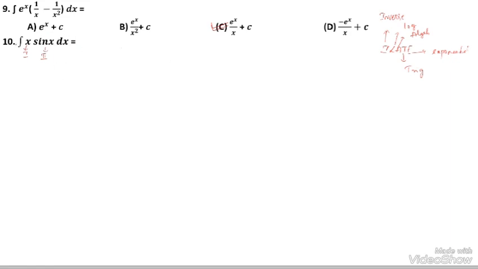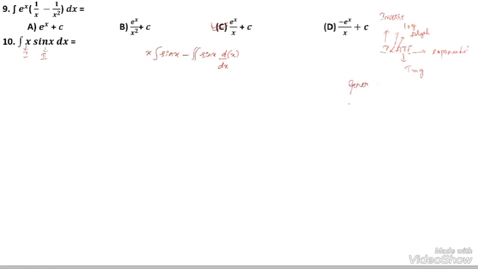Integration of x into sin x: take the first function as constant and integrate the second function, minus the double integration of the second function with the derivative of the first function.